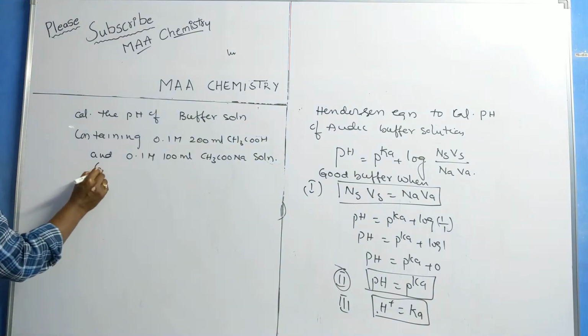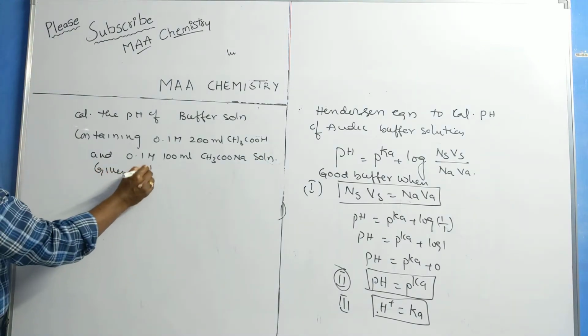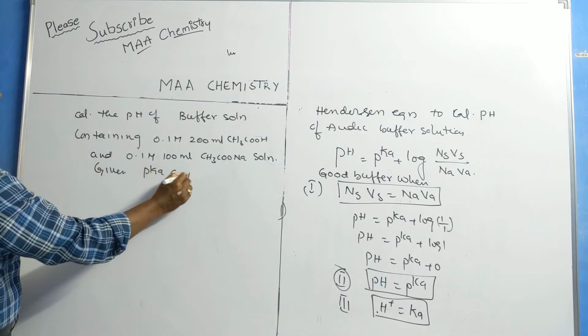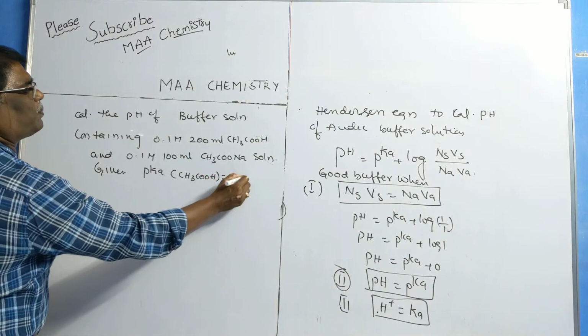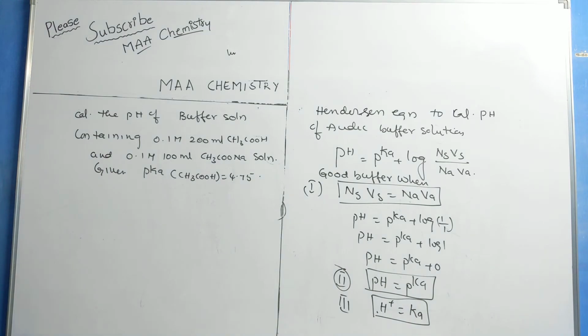They also give the pKa of acetic acid, which is taken as 4.75. This is the problem.